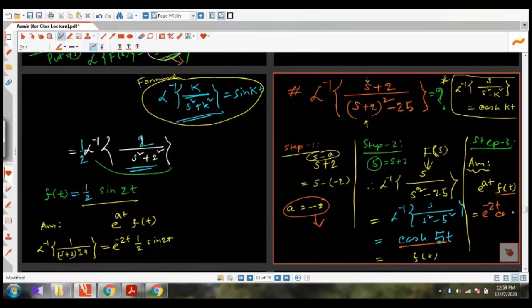So hyperbolic cosine 5t. That is your final result, the result of this part. So using the shifting property, we can solve inverse Laplace transforms. Done?